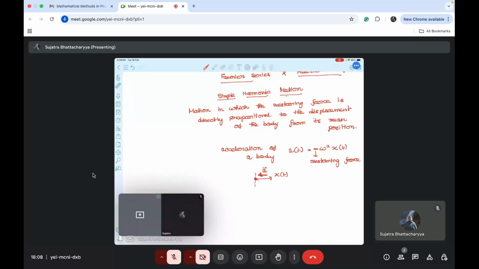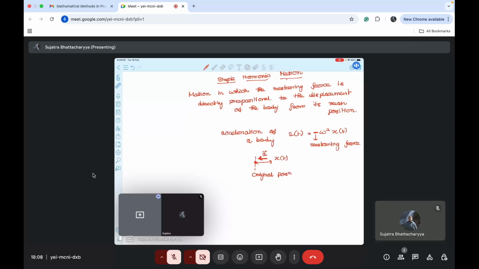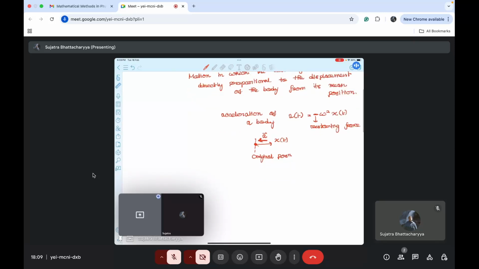So from the original position, we are trying to displace an object by some x, but the body will face a restoring force acting in the opposite direction, of course. This kind of motion is nothing but simple harmonic motion, and simple harmonic oscillation will be there based on the same principle.